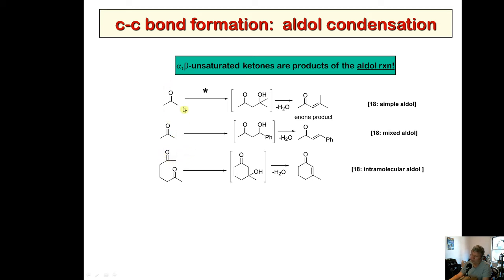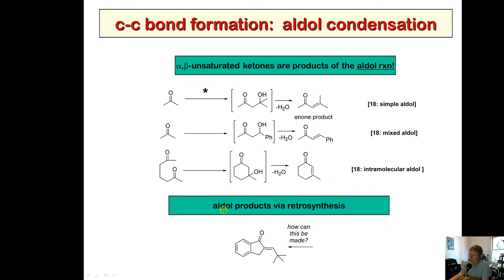In all of these, you start with the base, take a proton, make an enolate, then the enolate attacks another ketone or aldehyde, and then you get the beta hydroxy carbonyl. And then you lose water. So in this one, your base takes the proton, makes an enolate that attacks, and then you get the beta hydroxy ketone. Loss of water gives you the alpha beta unsaturated ketone.